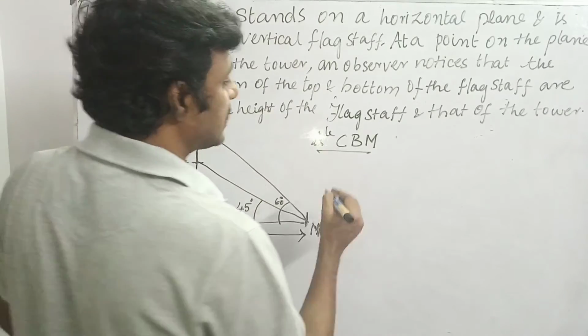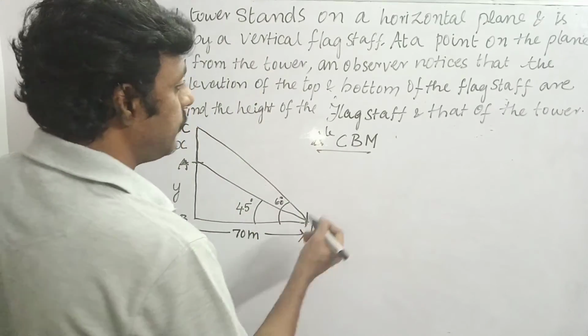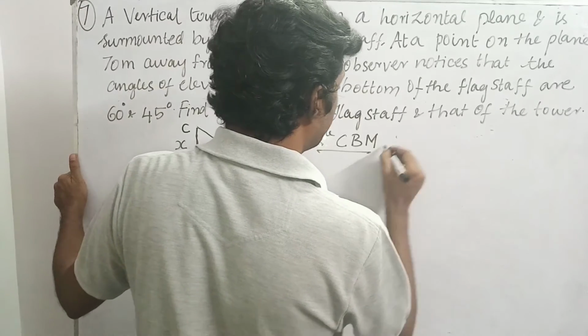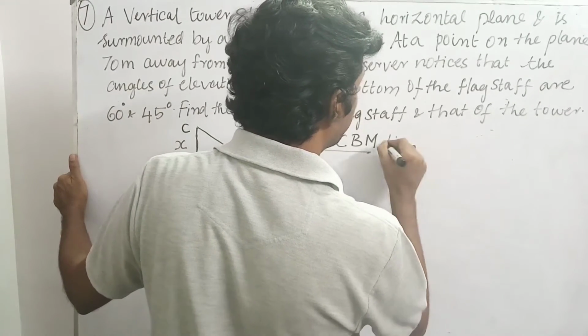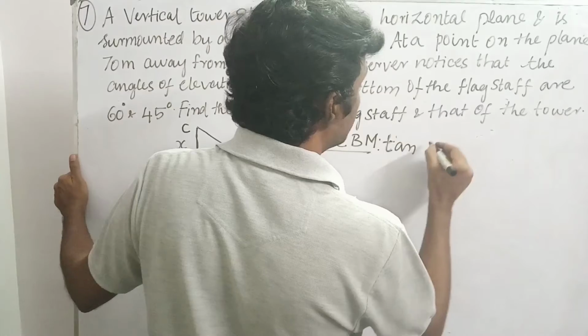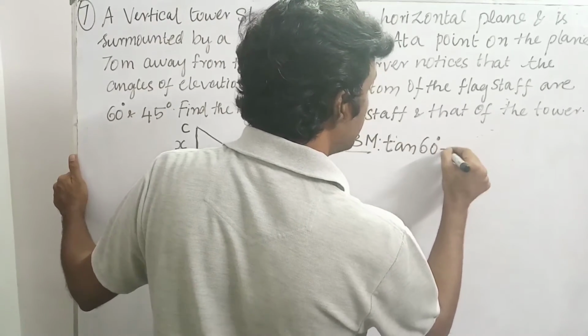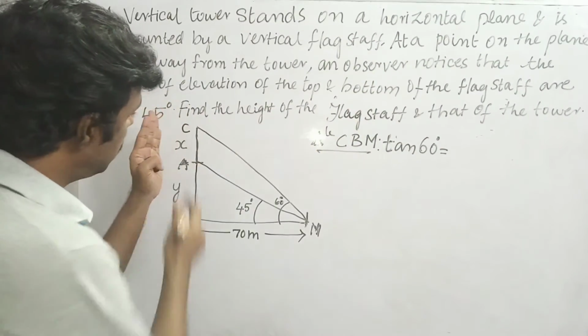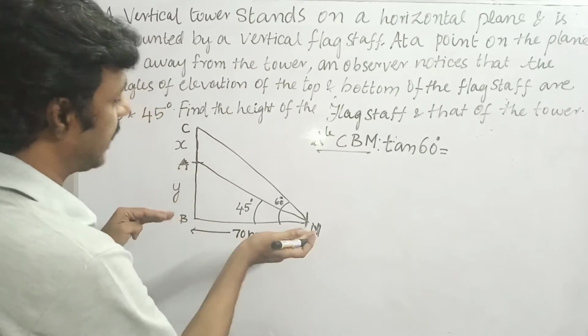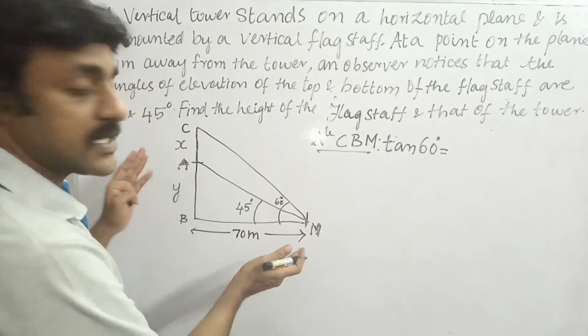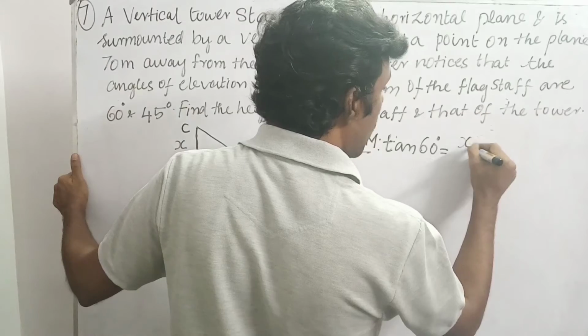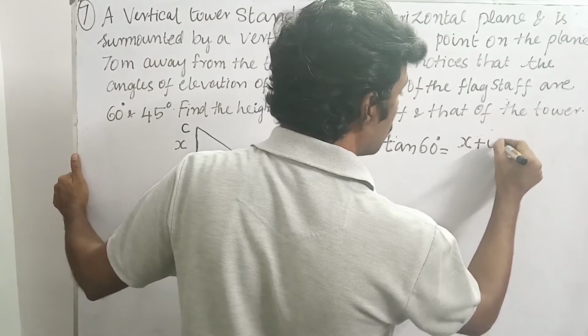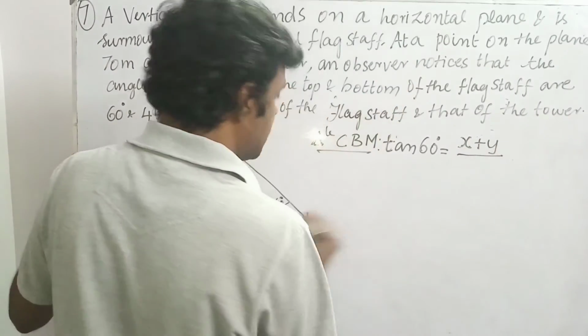So what is tan 60 in triangle CBM? Tan of 60 degree is nothing but this height and this height, opposite by adjacent side. So it will be x plus y divided by 70.